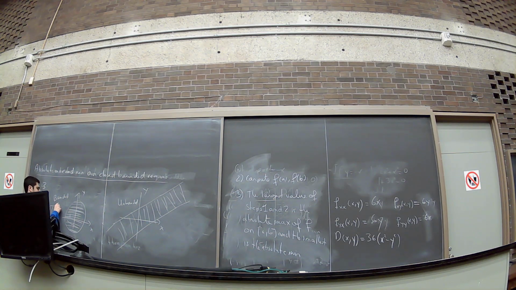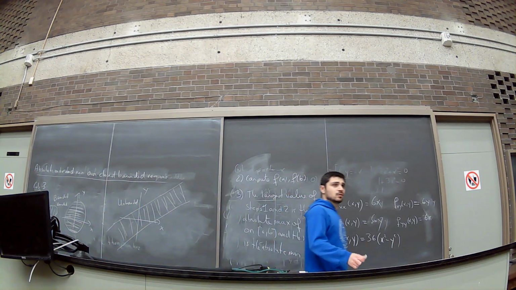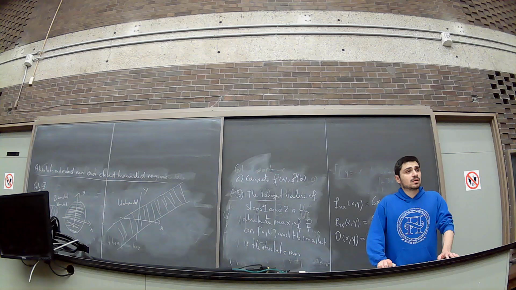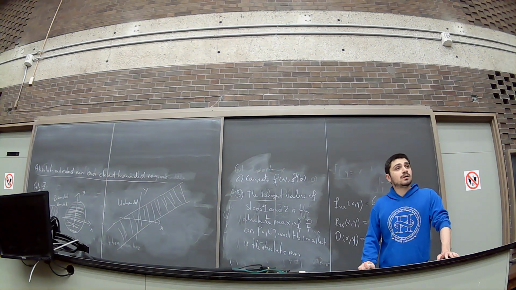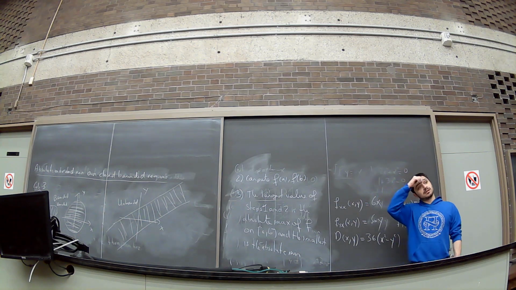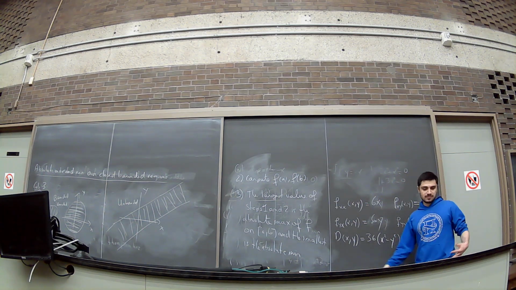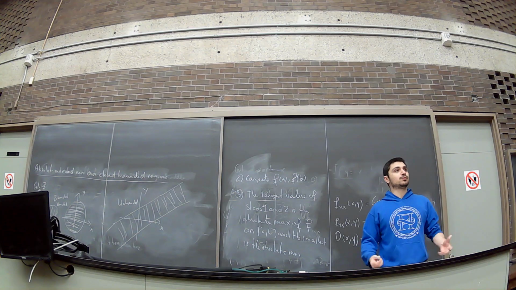Basically, a bounded region is a region in R squared that you can contain in a disk around the origin. Let's take this definition. Exactly, the disk is of course bounded, right?